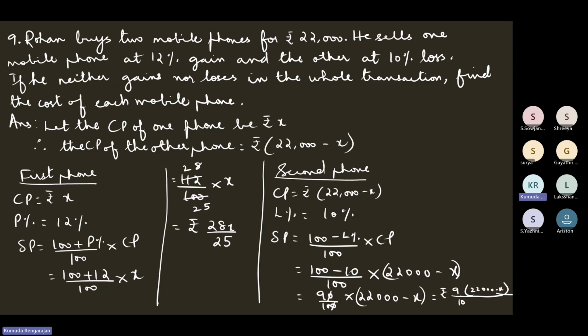What do we understand from that? It's neither loss nor profit. Correct. That means which two things will be the same here? Cost price and selling price. Will the selling price of the two phones be the same?